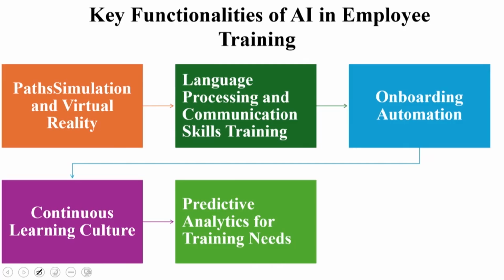AI can power immersive training experiences through virtual and augmented reality. So employees can typically engage in, let's say, realistic simulations that mirror real world scenarios, real world possibilities, providing hands-on experience without the risk associated with on-job training.